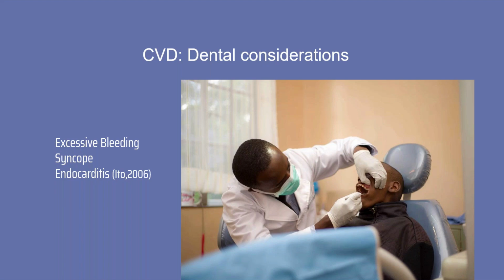Lastly, there is research which shows that there is a link between oral health and endocarditis. The research by Ito showed that patients who are suffering from periodontitis predispose themselves tremendously to develop endocarditis at a later stage.